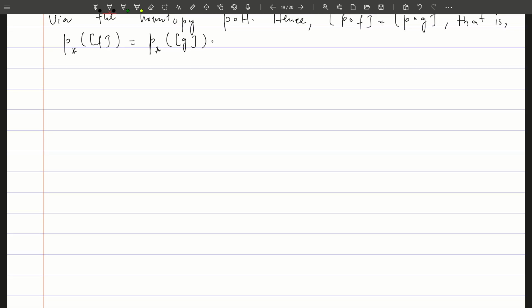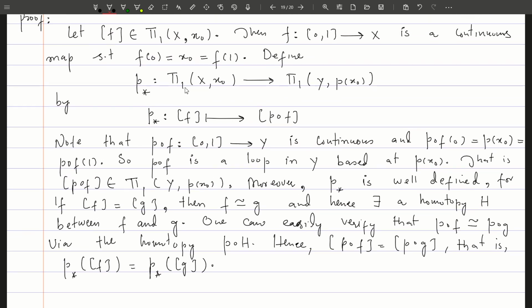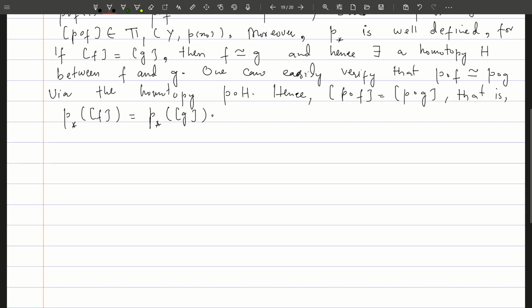Now let us prove this is a homomorphism. One can note here that since this is a group, it has an identity element which we denote by c sub x naught. That means the loop which stays all the time at x naught. And the identity element in this group is c sub P of x naught, i.e. the path which stays all the time at P of x naught.